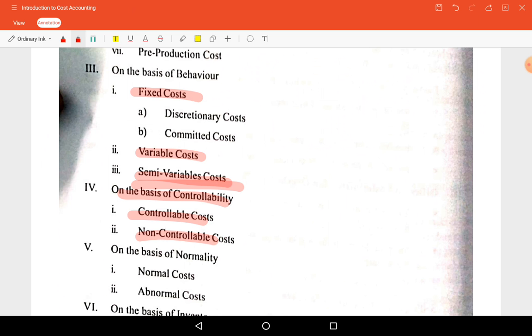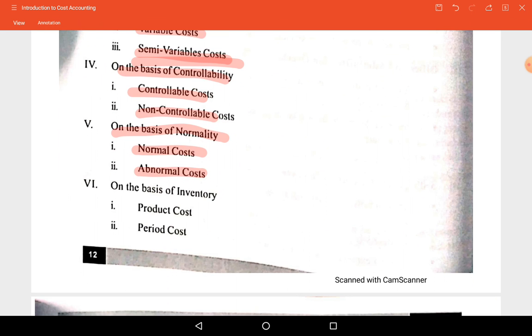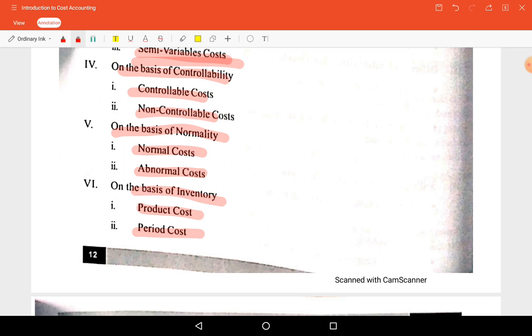On the basis of normality: normal cost and abnormal cost. On the basis of inventory, which I just said: product cost and period cost, depending on whether those are included in the inventory value or not.